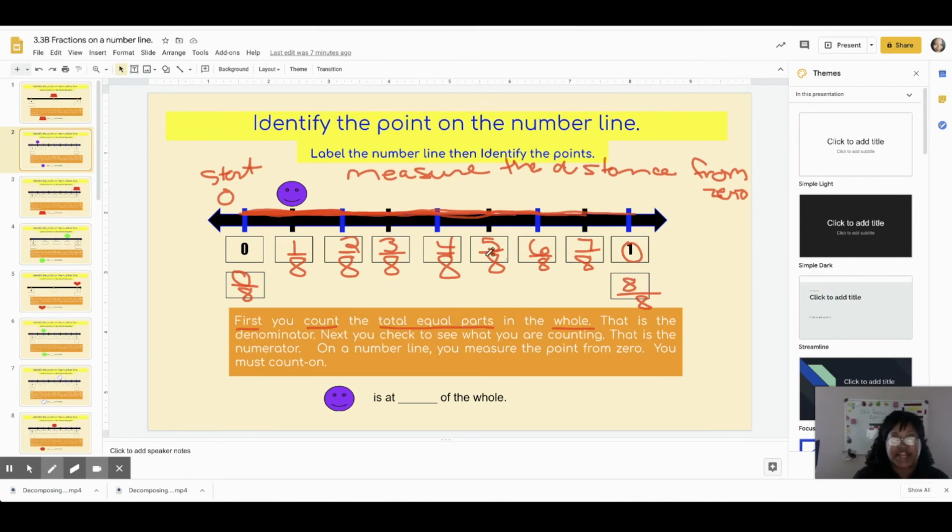Now notice, I labeled all of my fractions on the number line, all of my places.